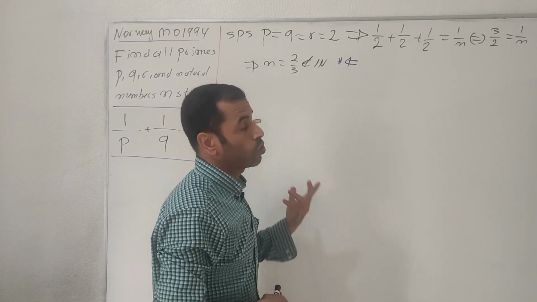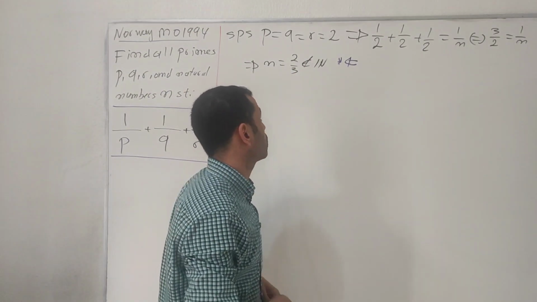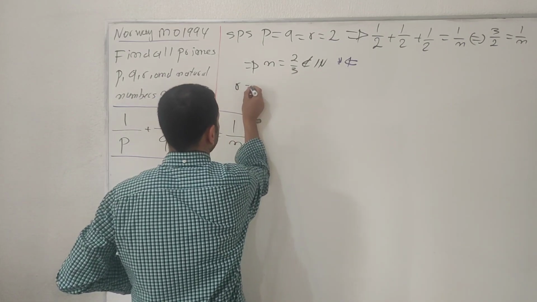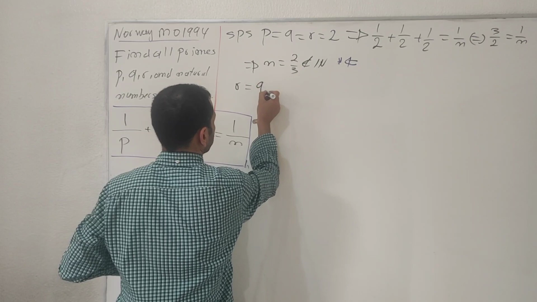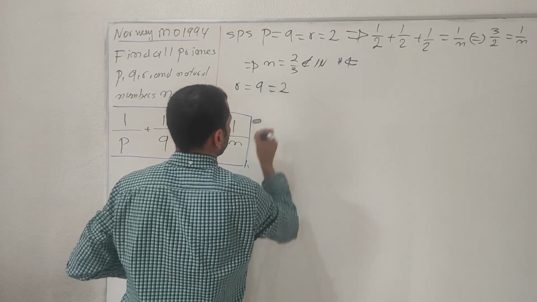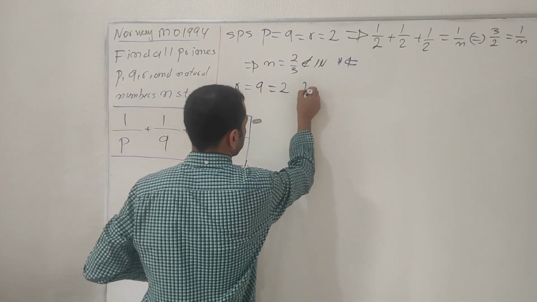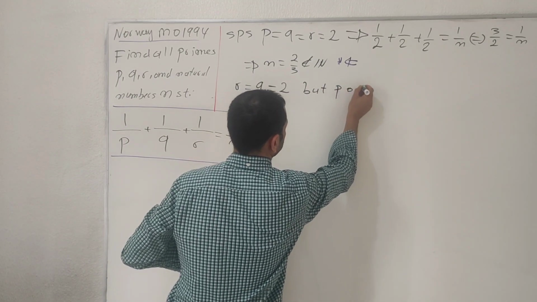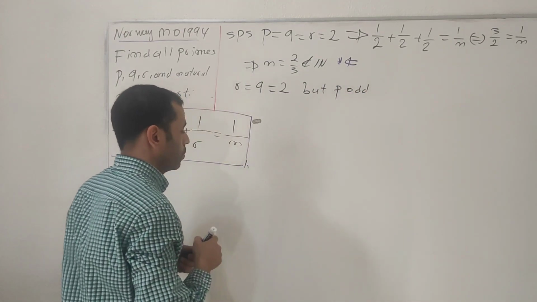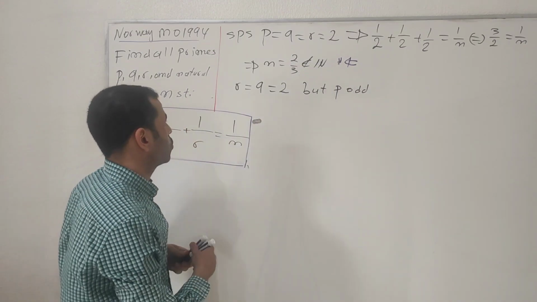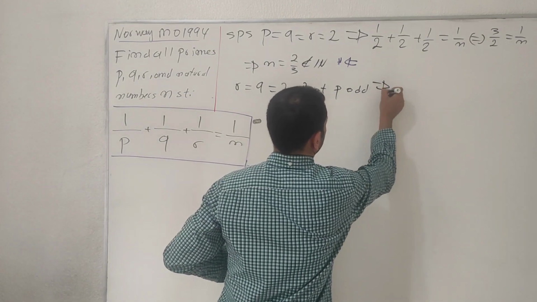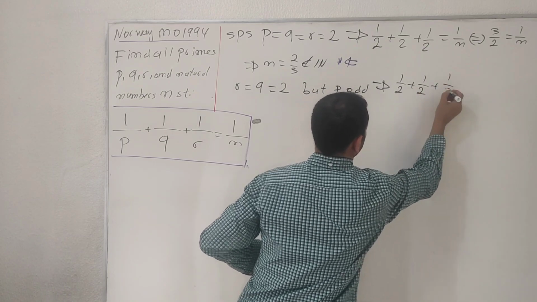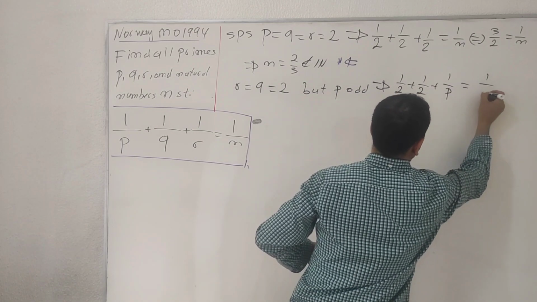You may have two even primes and the other one odd. Let's consider r equals q equals 2 as even primes, but p is odd. Plug this into the equation. I get half plus 1 over p equals 1 over n.